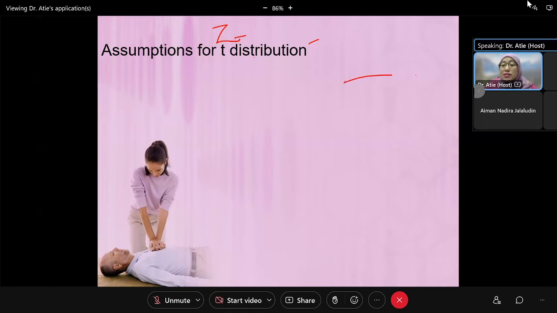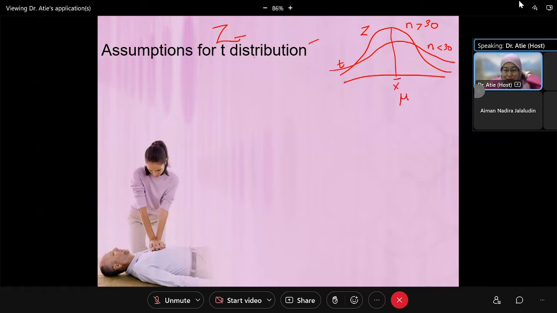The normal distribution is actually the mother, and the t distribution is the daughter or the son. For z we have n greater than 30, and for t we have n less than 30, small n. But the mean here is always the same.